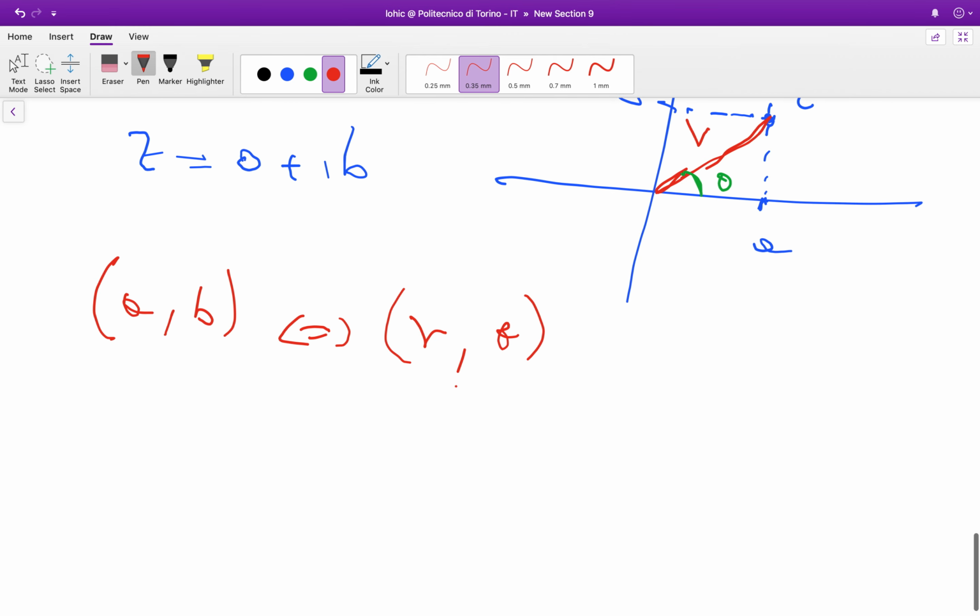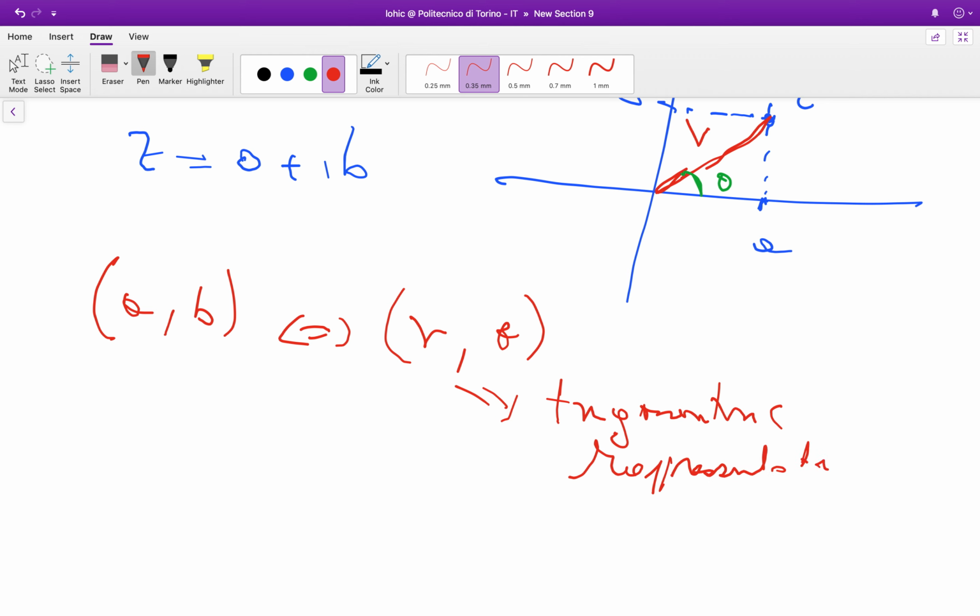When you use r and theta, this leads to what we call the trigonometric representation. So when you use r and theta, you are using the trigonometric representation, but a and b is the algebraic.